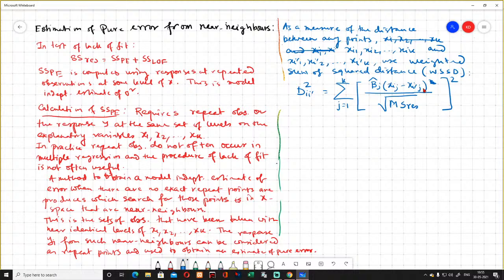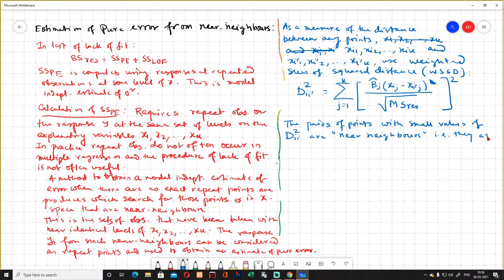And the pairs of points with small values of Dii dash squared are near neighbors, that is, they are relatively close together in X space.